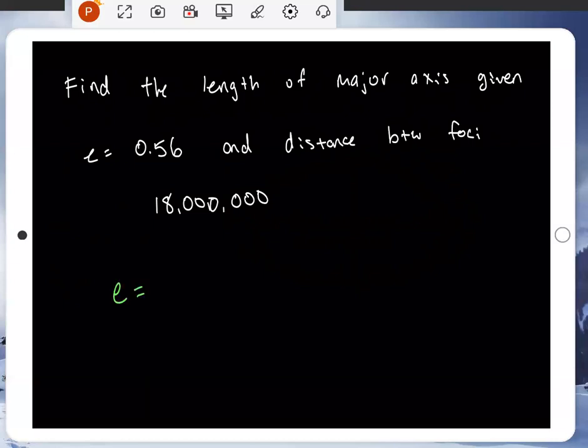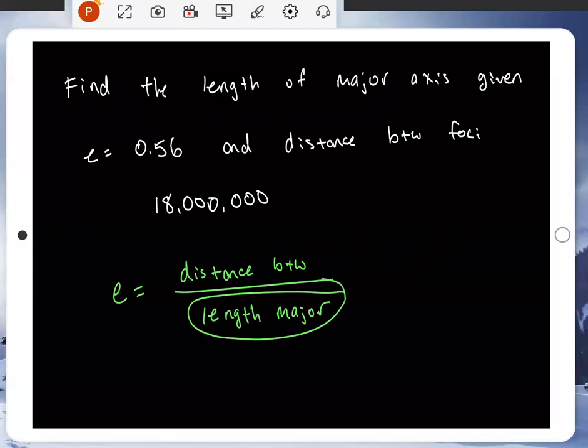E is equal to the distance between foci divided by the length of the major axis. But if I want to find that, I simply have to solve for it in our usual way that hopefully you're very familiar with by now. The equation I would get is the length of the major axis is the distance divided by E. Is all that okay and clear? I know I went fast, but okay, good. Because you might see that where they don't do that.